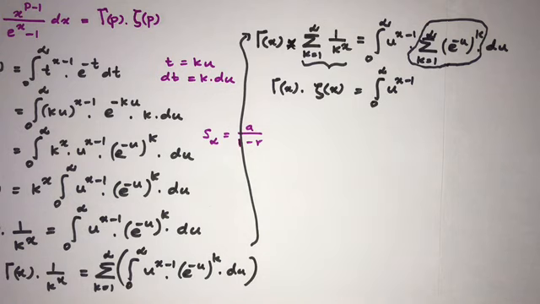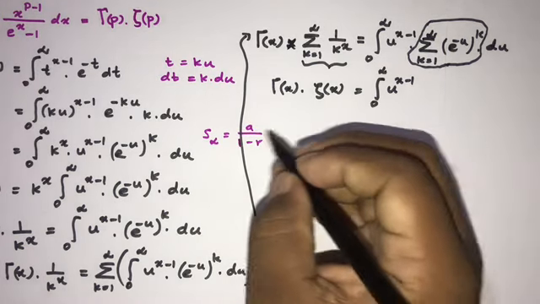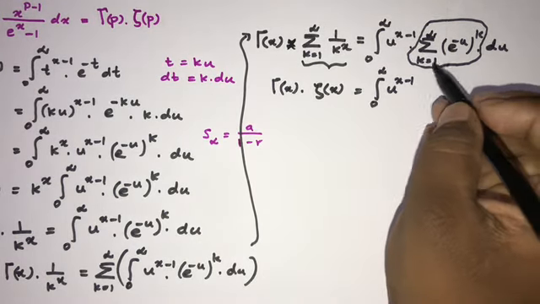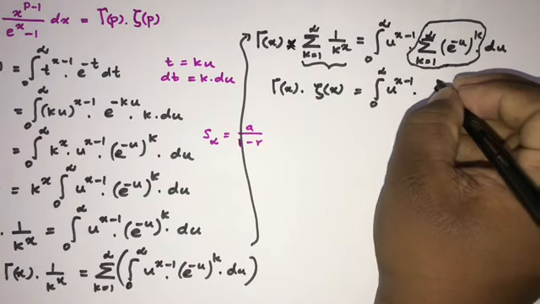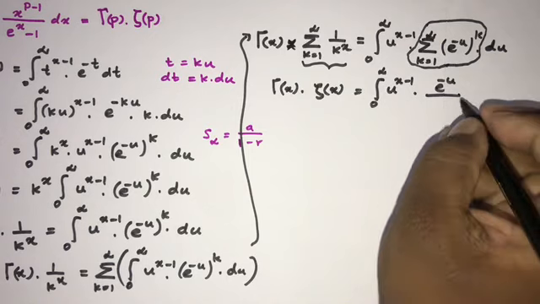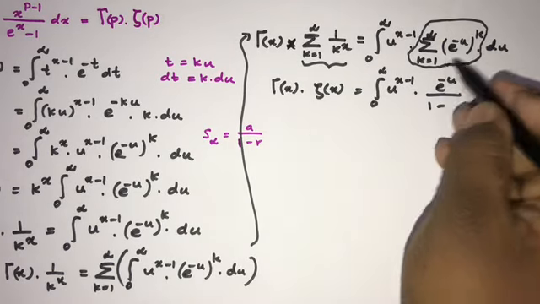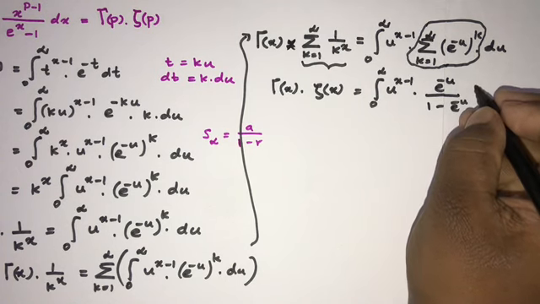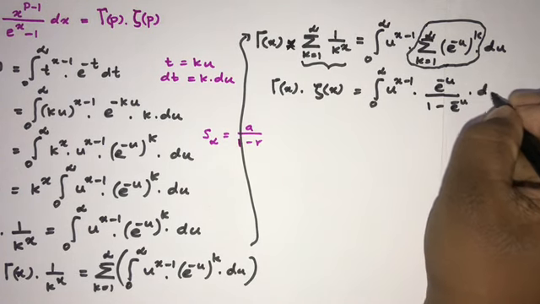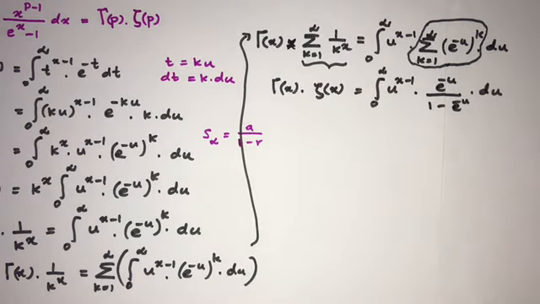Here a is equal to, when k is equal to 1, e to the minus u, so e to the minus u over 1 minus r, which is also e to the minus u, du.